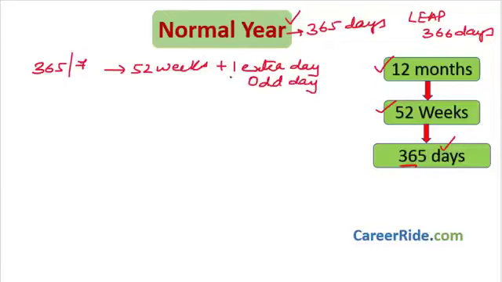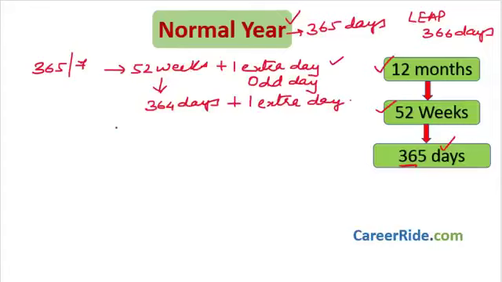For the purpose of this chapter, this extra day which doesn't become a part of the week is called the extra day. So these 52 weeks form 364 days, while this one extra day is left with us. Okay. So now, why am I sharing this information with you?